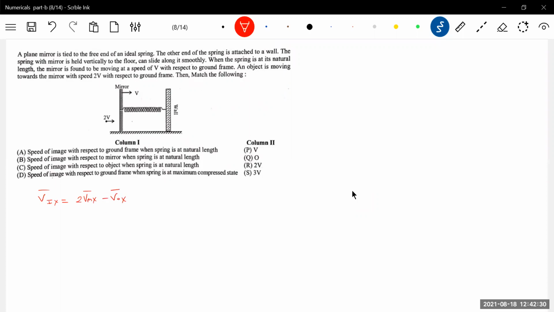If you have forgotten, you have to derive. Apply this.